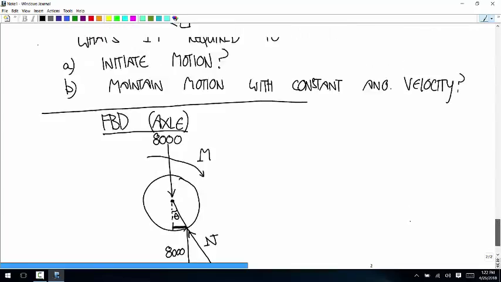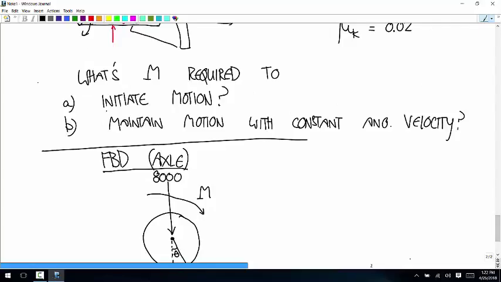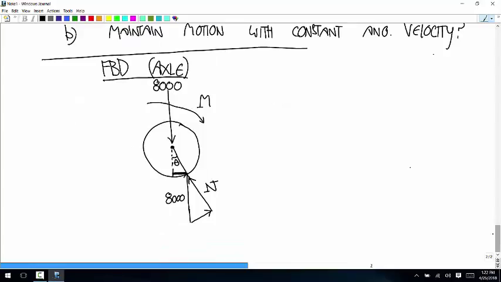For part A, we're looking to initiate motion. So this thing is currently at rest. And so this friction force is going to be the coefficient of static friction times the normal. So this is 0.05 N. This is a right angle. This is the angle theta.